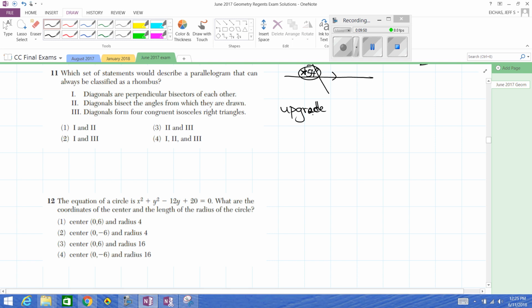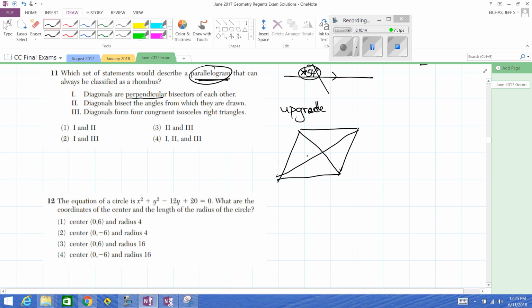So if you have a parallelogram and you added a feature of diagonals perpendicular bisectors of each other, okay, so the diagonals have to bisect each other in a parallelogram. The fact that we add perpendicular as well is definitely a rhombus feature.